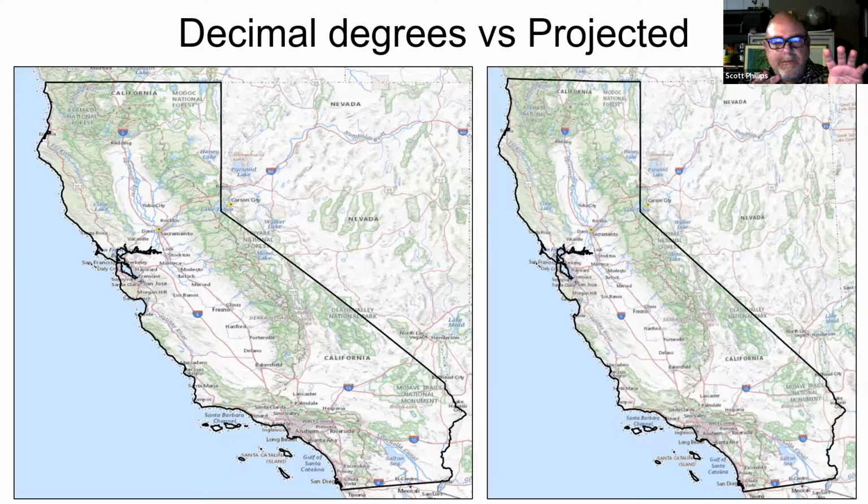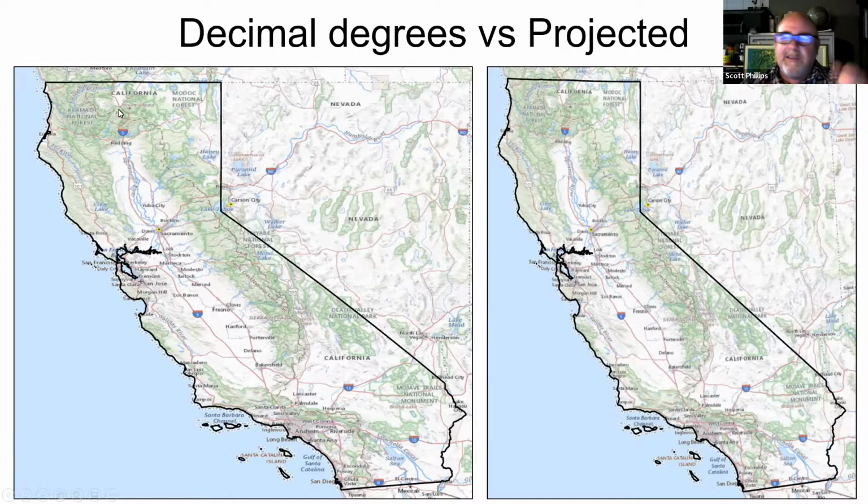The width in longitude is actually thinner than the distance in latitude, because the longitude lines get skinnier and skinnier as you get towards the North Pole. So if you have a map like on the left that looks stretched out, you can just pick a different projected coordinate system, and that will fix that issue.